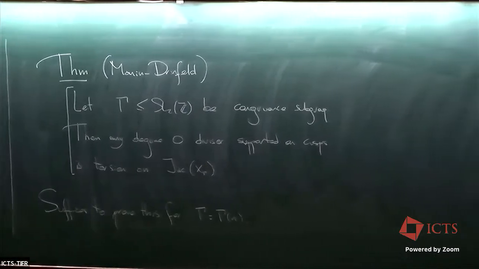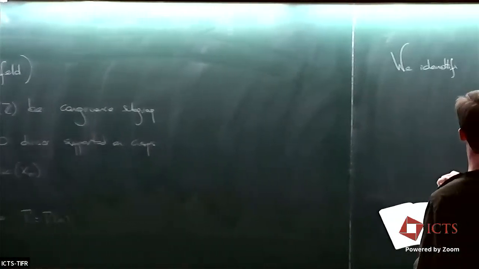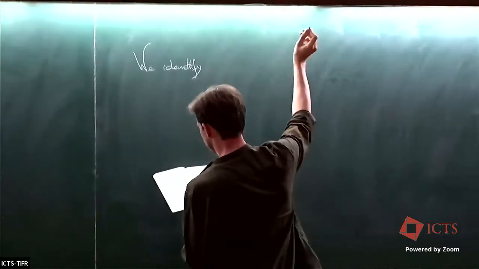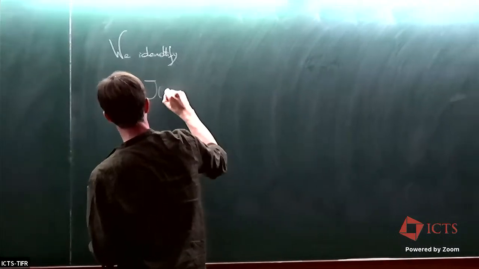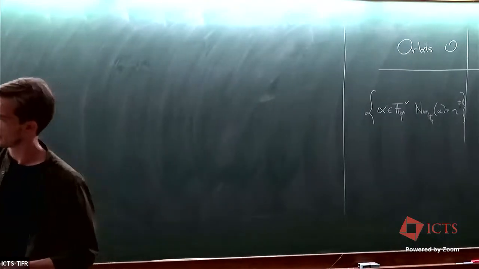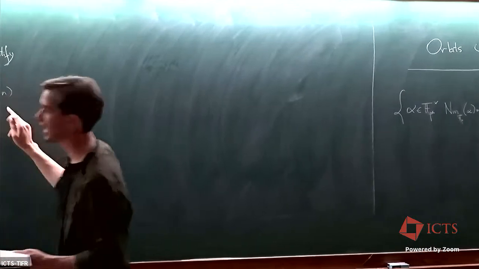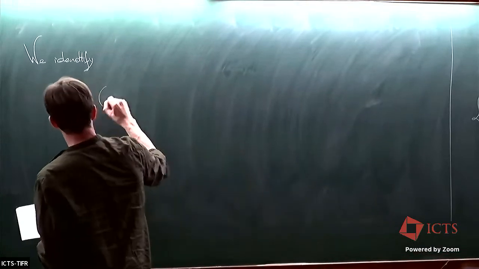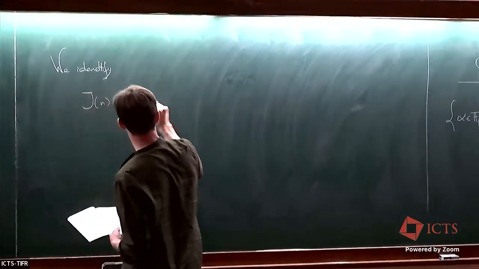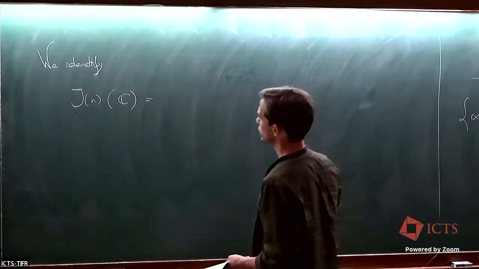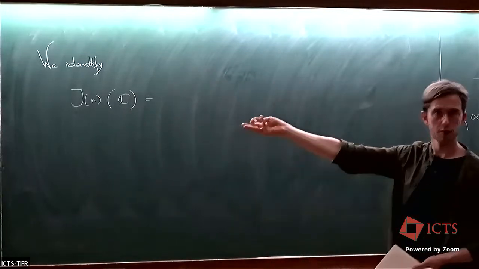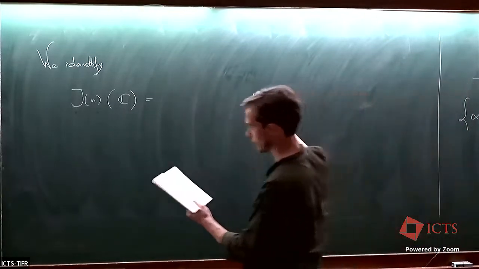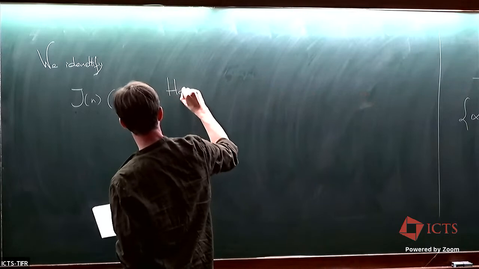we identify the Jacobian of the principal modular curve, which I'll just denote by J of n. So that's the Jacobian of X of n. And I'll look at its C points. And we can think of that as the dual to the holomorphic differentials on it, which are identified with the space of cusp forms.